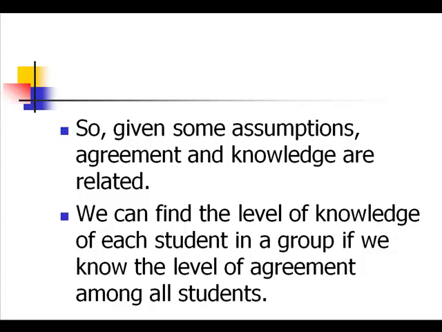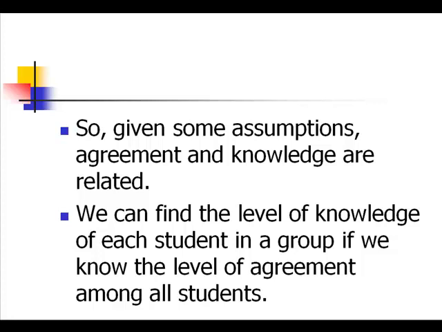Now, it turns out we can actually find the level of knowledge of each student in a group if we know the level of agreement among all the students. That's what that means. It means you can lose the answer key. Given that you meet the assumptions, you can lose the answer key and retrieve it by finding the level of knowledge of each student.